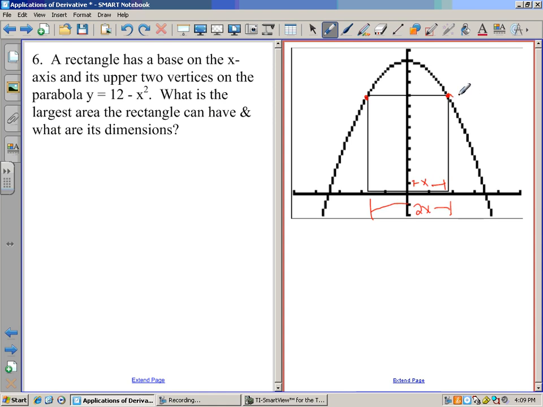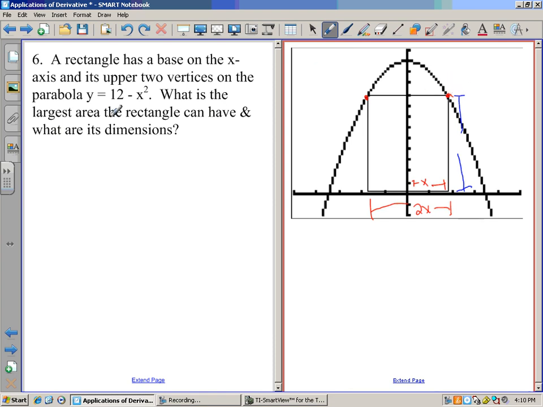Now, if we are to consider the height of this parabola, well, what is the parabola height related to? It's the same as the height of the rectangle.